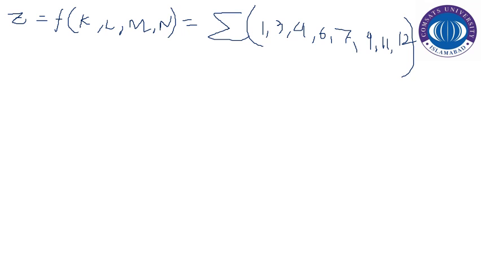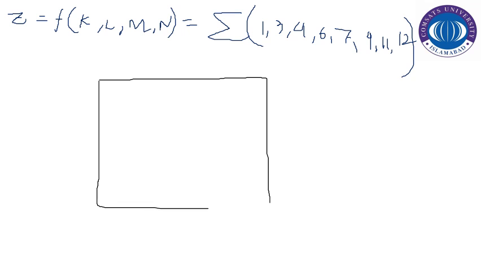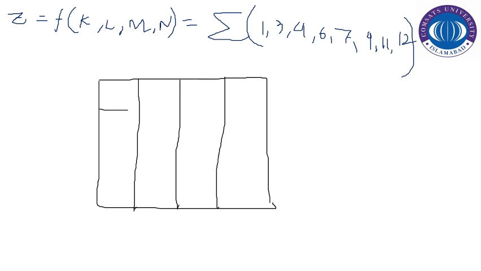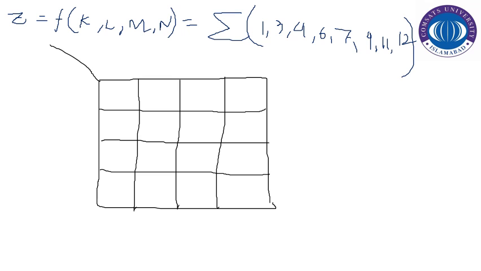Now our map should have the 16 possible entries. So the map is basically distributed into a 4 cross 4 cell array, and two literals are represented as row entries and two literals are represented as column entries.